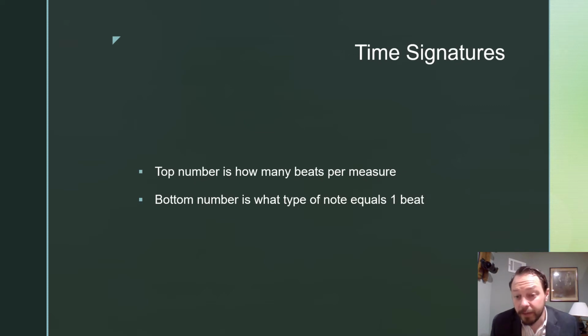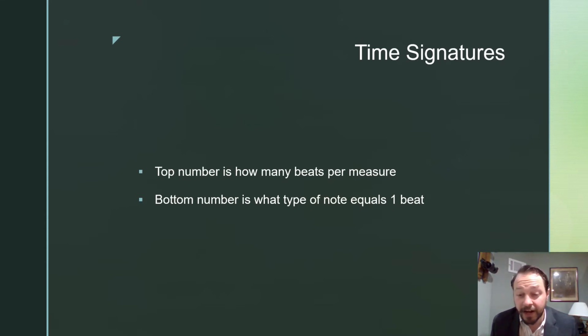The bottom number corresponds to the type of note that gets the beat. The most common time signature that you'll see is 4/4 time. That means there are 4 beats in a measure, and the quarter note equals 1 beat.